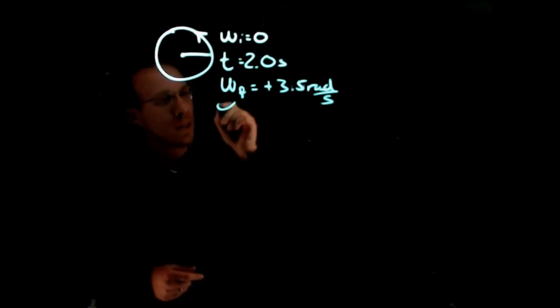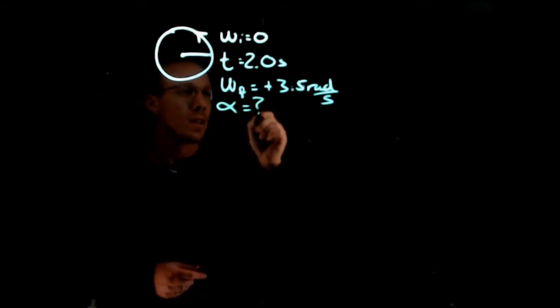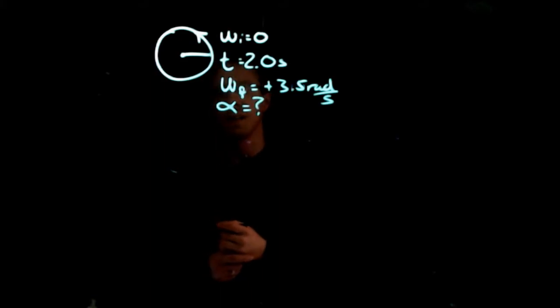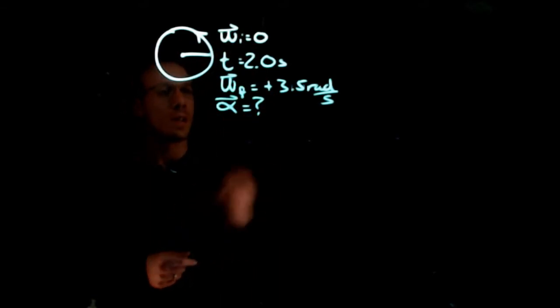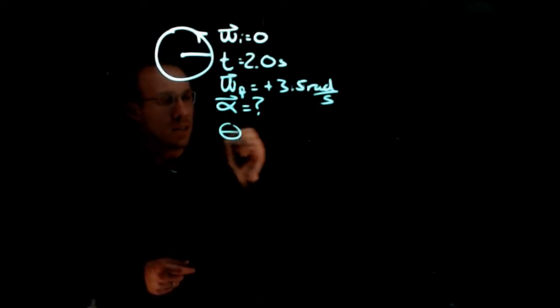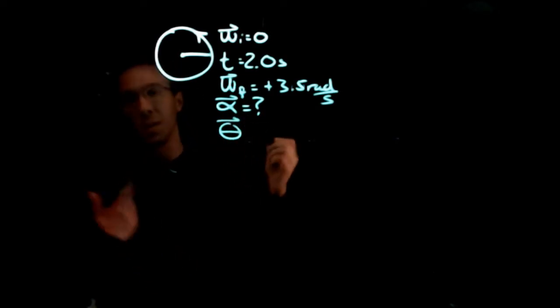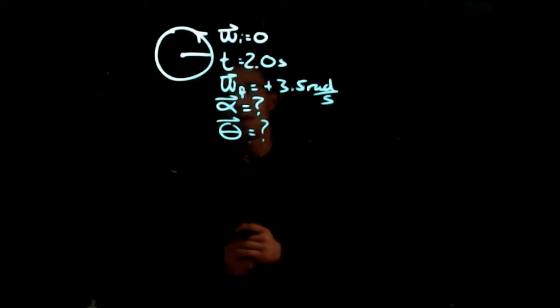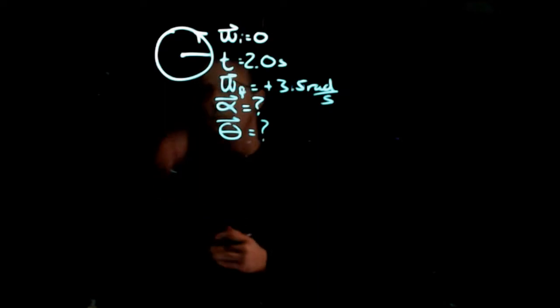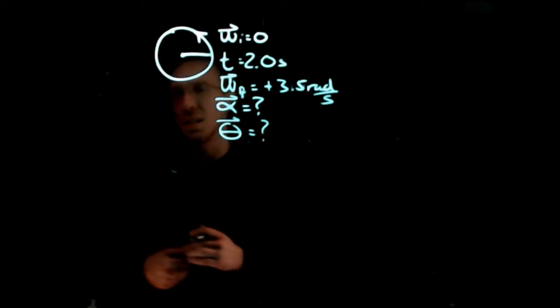We are going to be looking for the angular acceleration, and also the amount of radians that have rotated in 2 seconds. So basically I'm asking, how much did this rotate in 2 seconds?